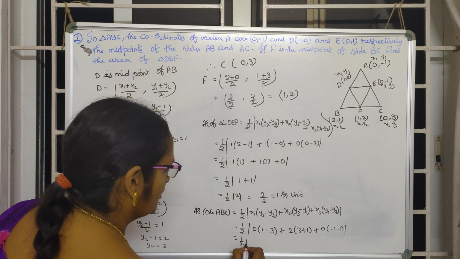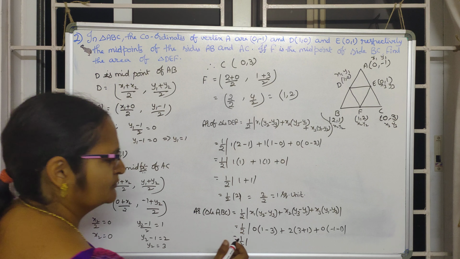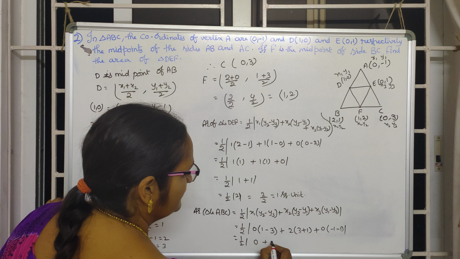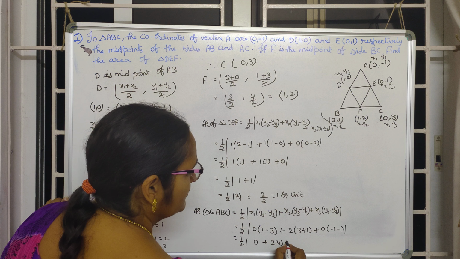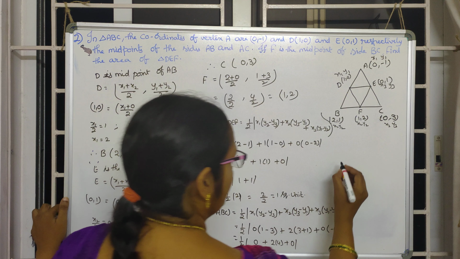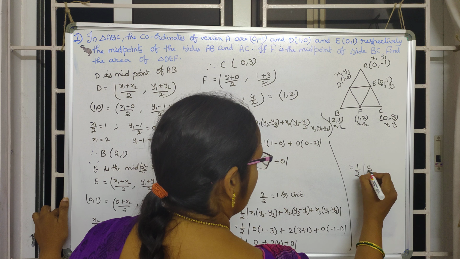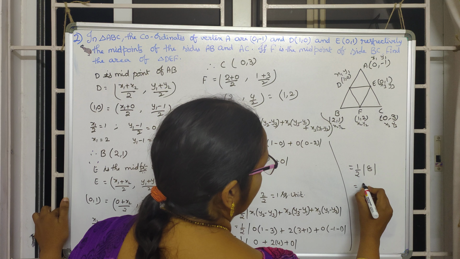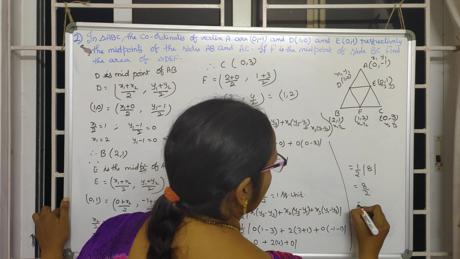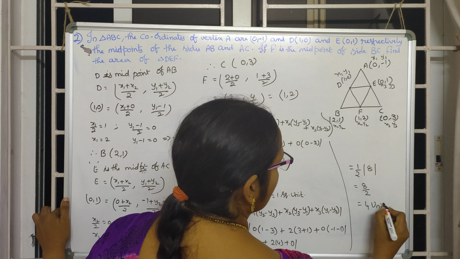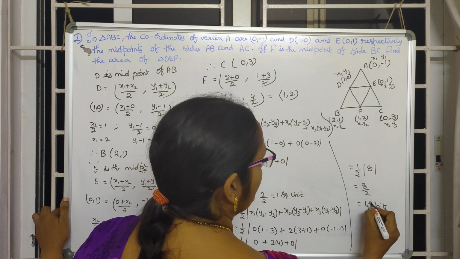So half modulus of 0 into whatever number you take will become 0, plus 2 into 4, plus 0. This equals half modulus of 8, which means 8 by 2. This is equal to 4 square units.